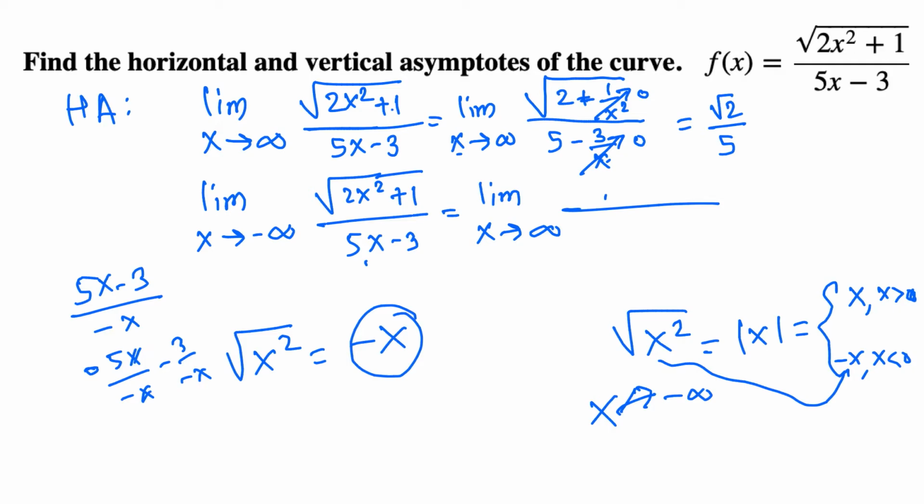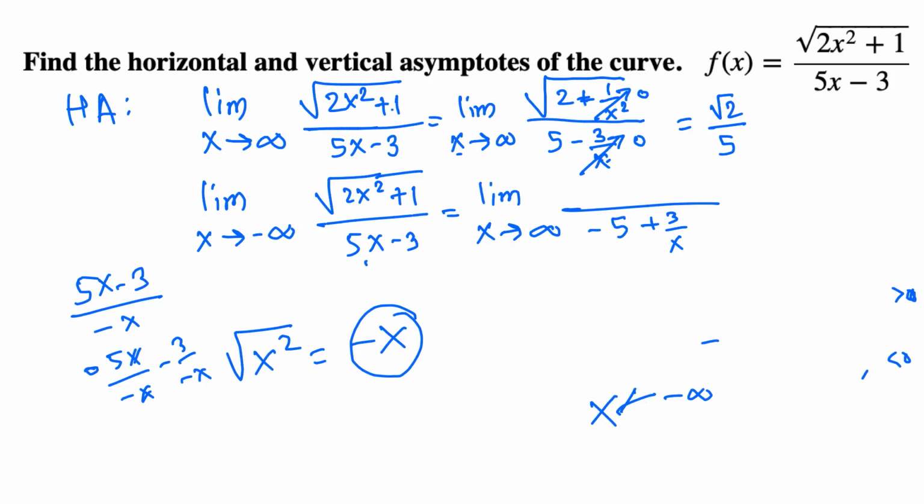The x cancels, giving negative 5, and negative negative gives positive 3 over x. On the top it's the same as the previous step, because we are dividing by the square root of x squared: 2 plus 1 over x squared.